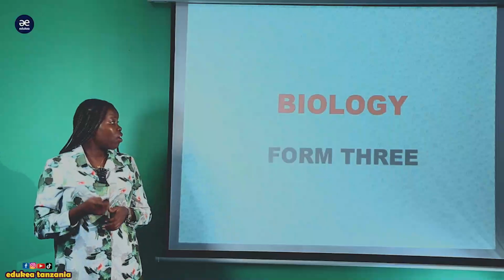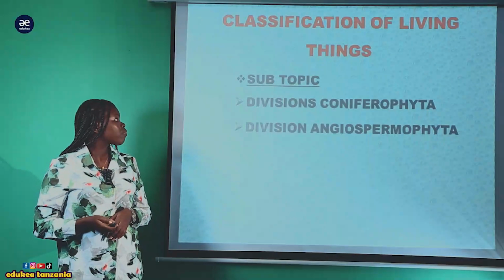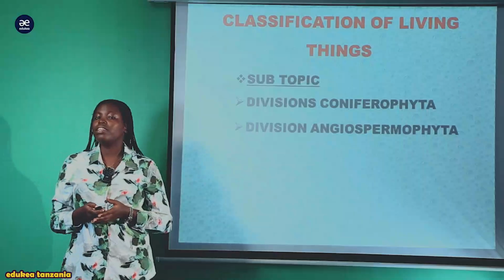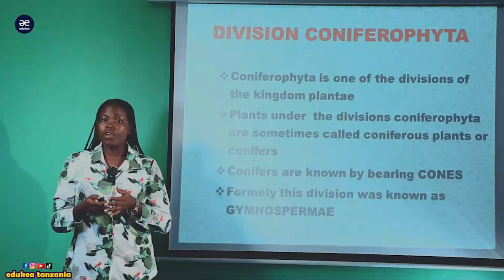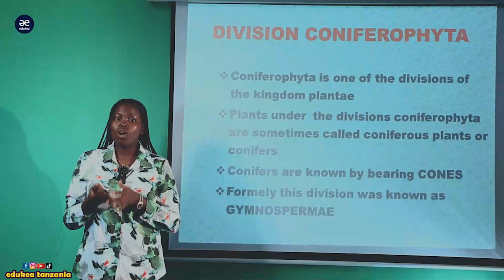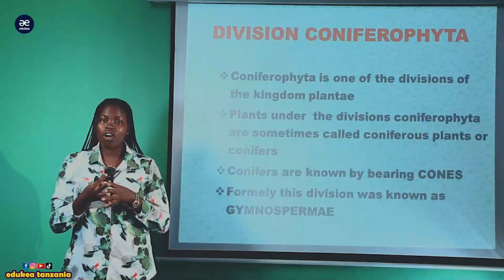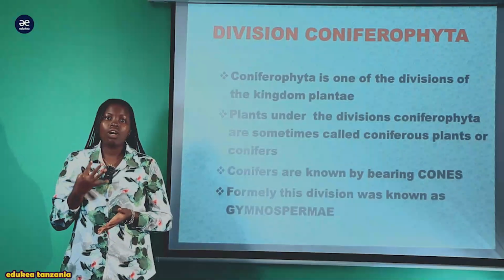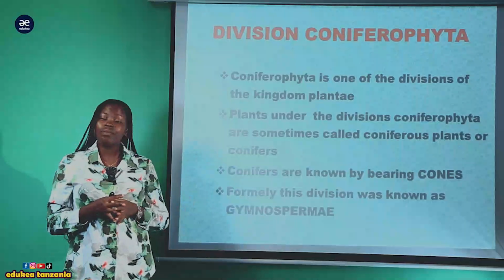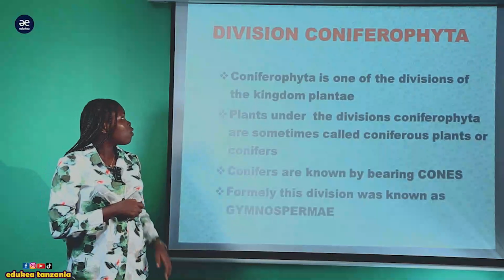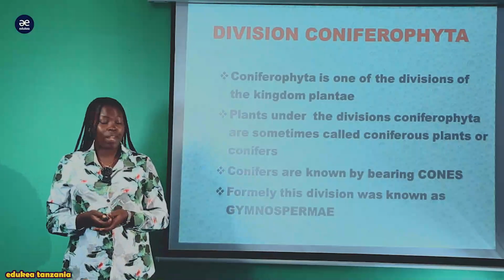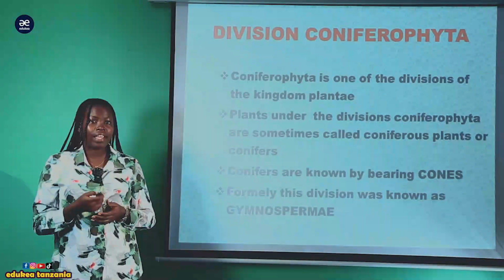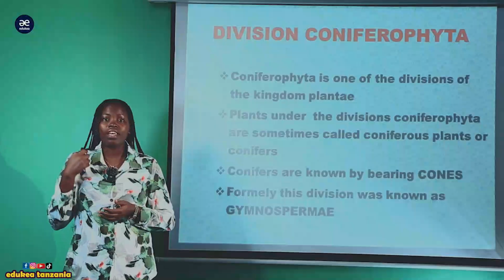Now you are welcome. Starting with our first subtopic, which is division Coniferophyta, we will look at those trees or plants which are cone-shaped, without enclosement within the ovary, meaning that they have naked seed.